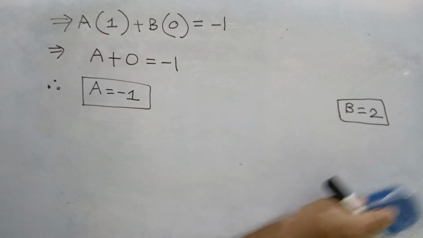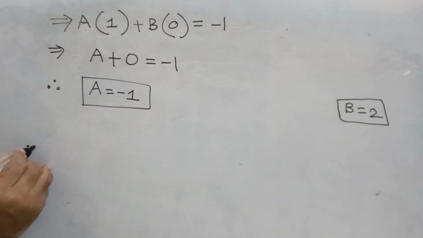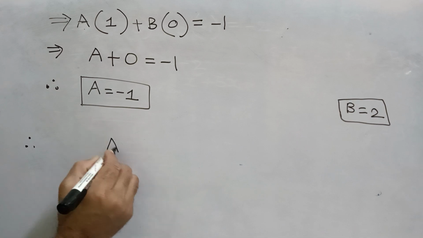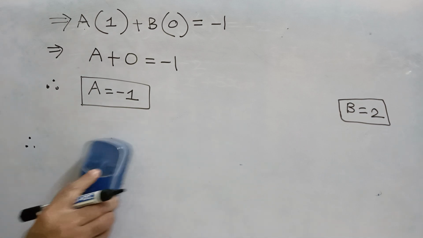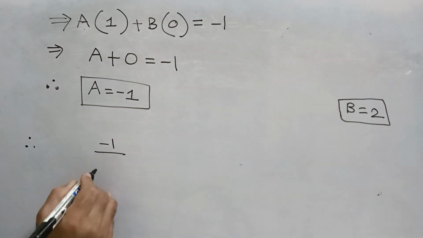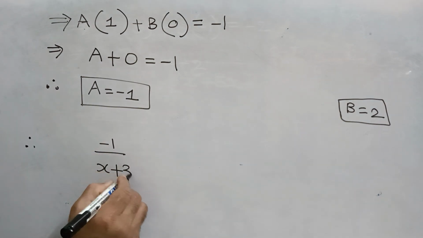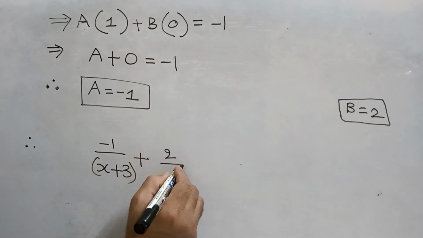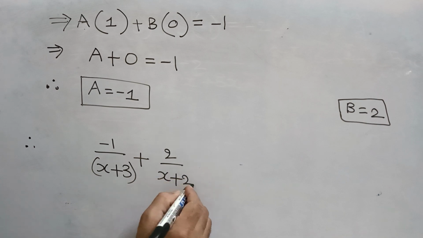Therefore, it is a by x plus 3, where a is nothing but the substituted value minus 1, plus b, which is 2, by x plus 2.